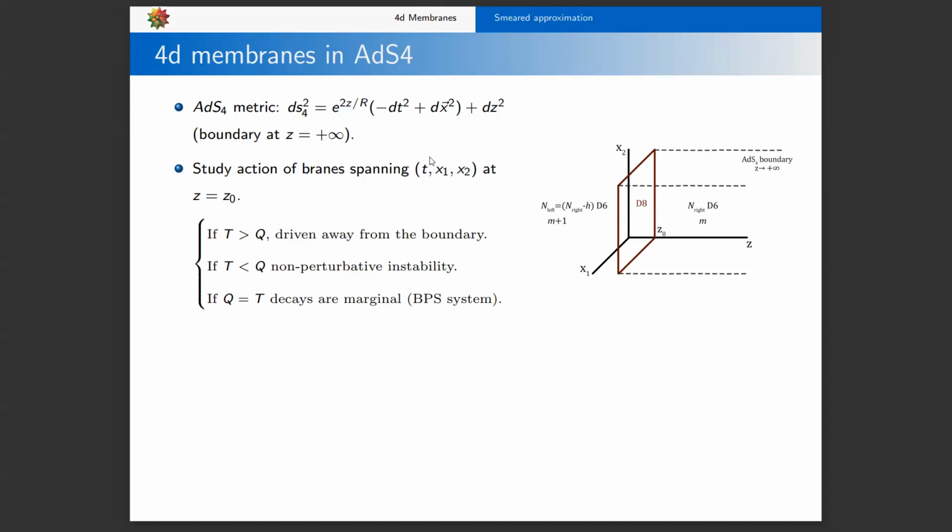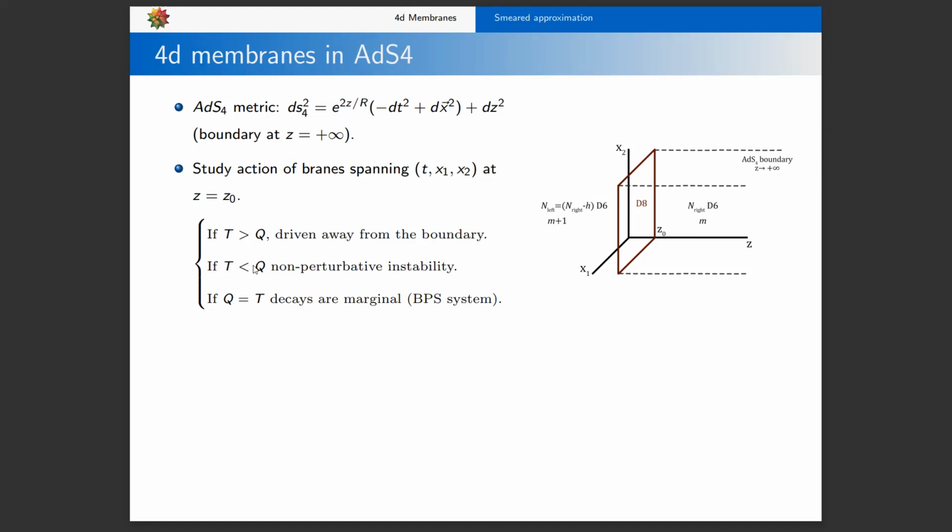They span the coordinates t, x1, x2, so they are parallel to the boundary at a fixed value of z. We study the relation between the DBI action and the Chern-Simons action, and we see that whenever the tension is greater than the charge, these membranes are driven away from the boundary and collapse. So the vacuum outside of this bubble is stable.